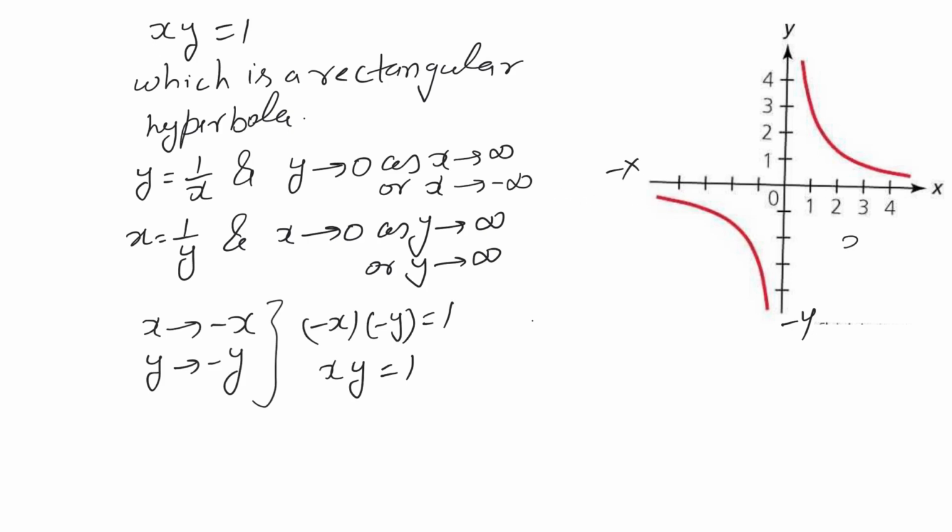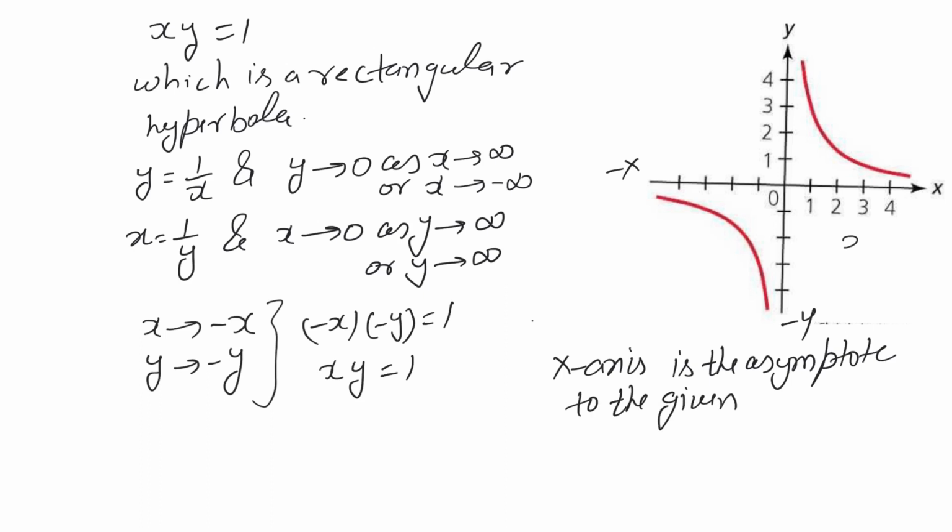So therefore we can say that the x-axis is an asymptote to the given curve, and this asymptote is known as the horizontal asymptote.